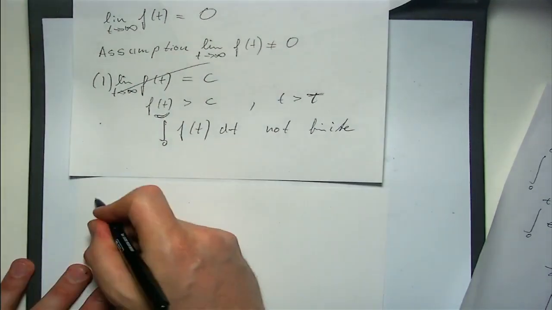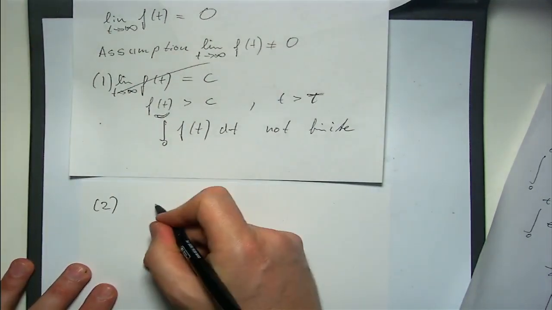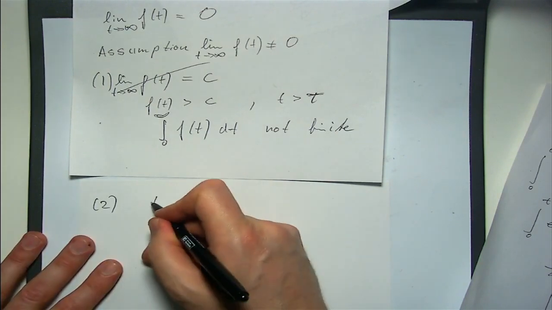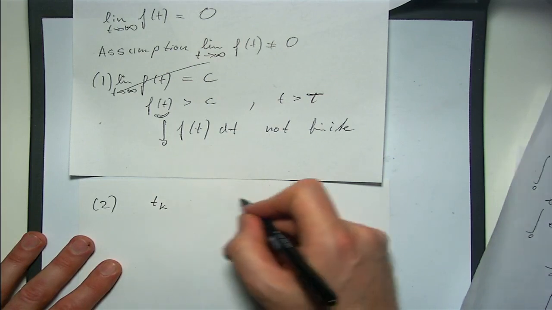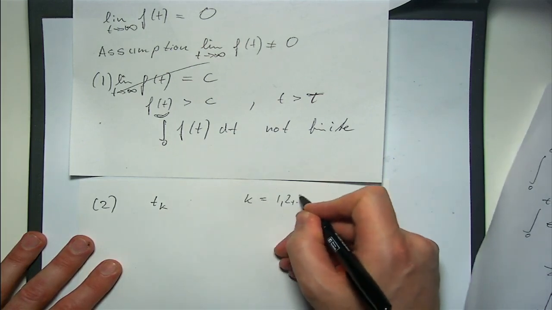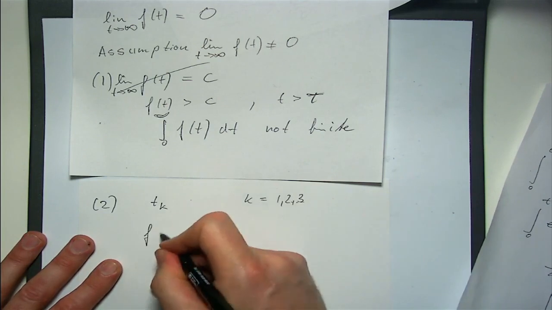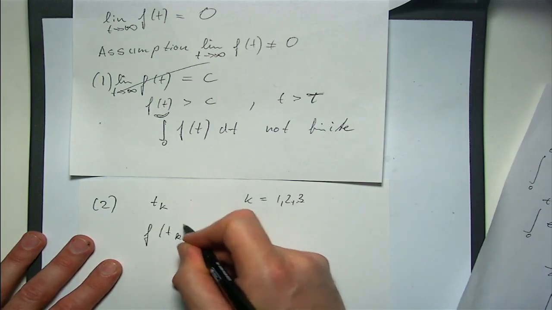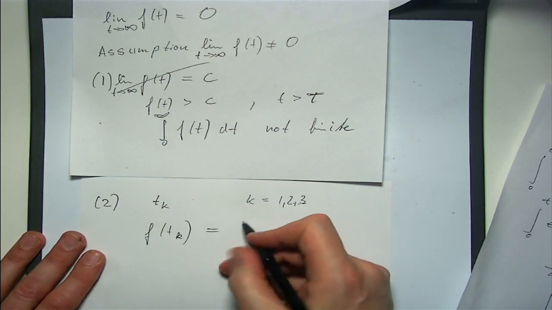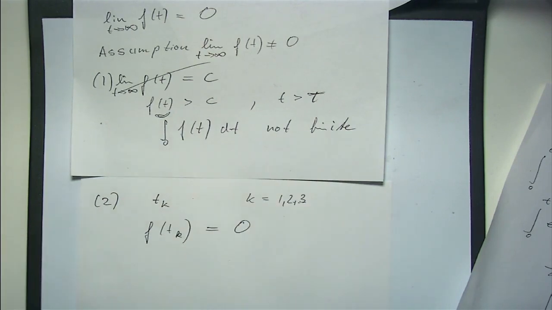So in principle, if we were not converging towards 0, there must be infinitely many points, let's say t_k, k equals 1, 2, 3, where f of t_k is, if it doesn't stay larger than some constant, at least 0.